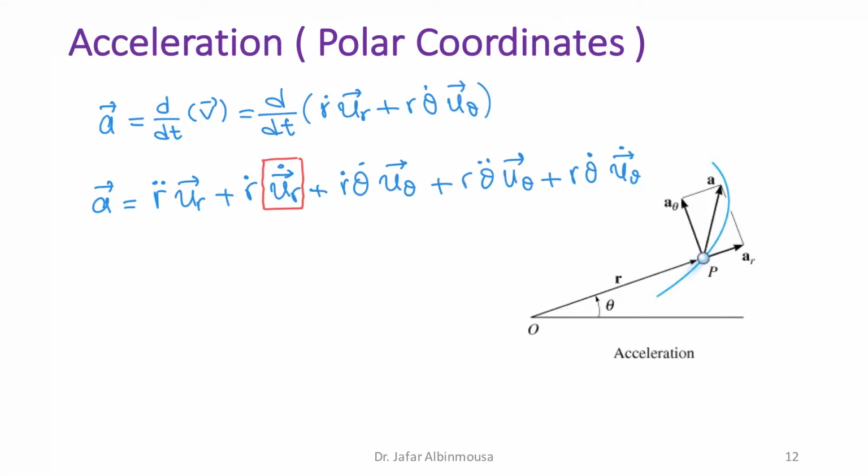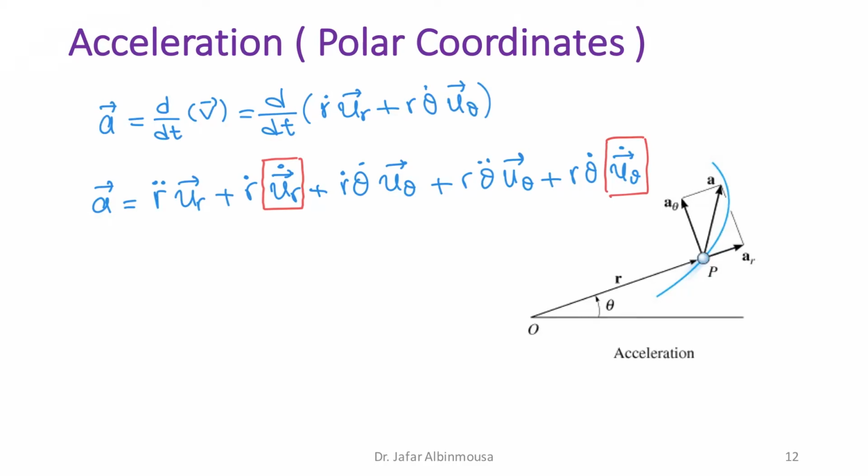Moving on, this is again a velocity, but this one has theta dot, the angular velocity. This is the unit vector u theta, the transverse direction. This is r, the position. This is the angular acceleration, theta double dot, and this one is u theta, the transverse unit vector. And this is r the position, this is the angular velocity, and again here we have a time derivative of another unit vector.